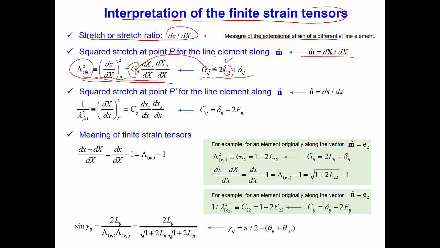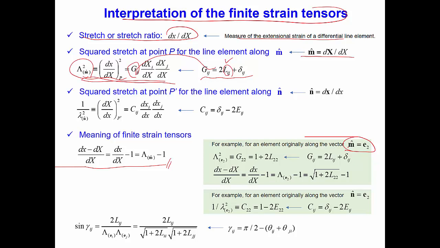From this relationship, we can imagine the meaning of the finite strain tensors. Of course, it's not easy. For example, let us consider a special case that m hat equals E2. That is, m1 and m3 are equal to 0 and m2 equals unity.